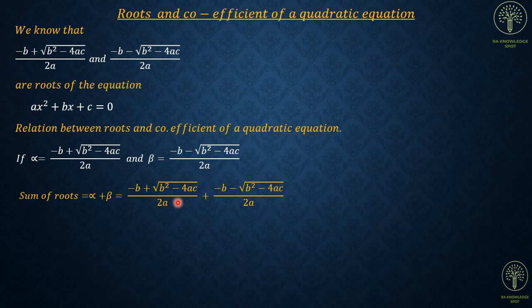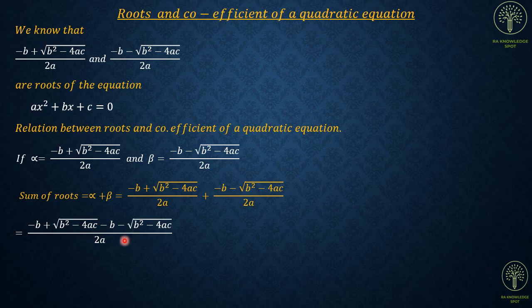The denominators are the same, and when we have the same denominator, things are simpler for us. Now we write this 2a once, and we write the upper numbers as they are.